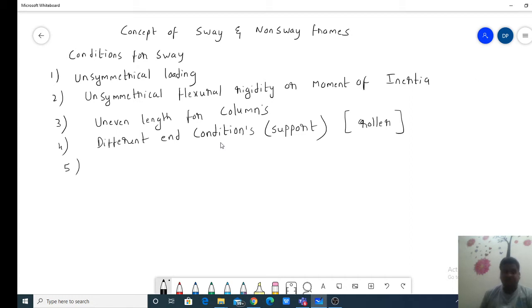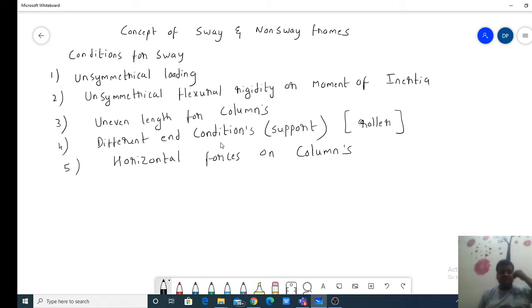The last thing is, if there are any horizontal forces on columns, right.